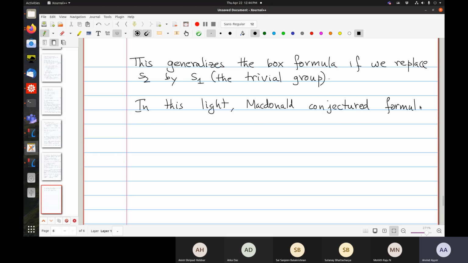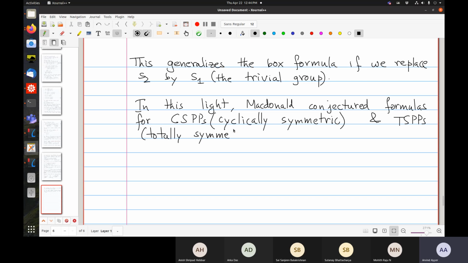formulas for CSPPs, cyclically symmetric, I've already introduced this notation yesterday, and TSPPs, totally symmetric. Okay, and so let me describe them.